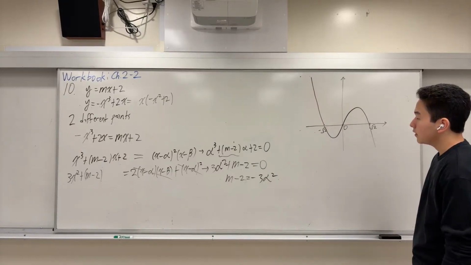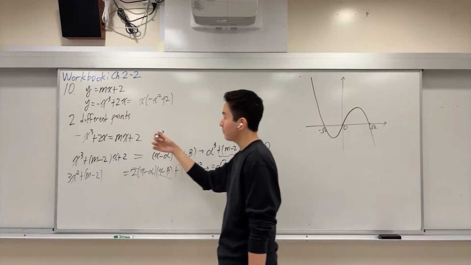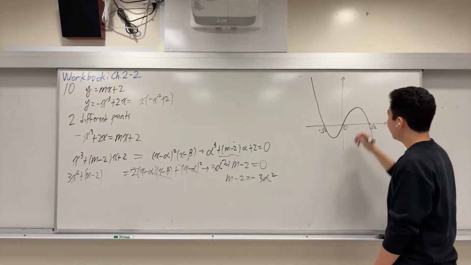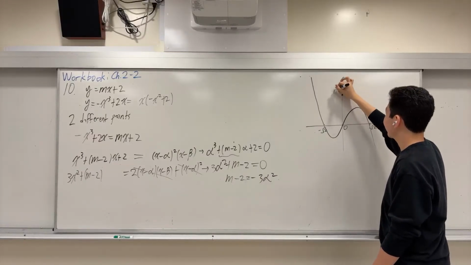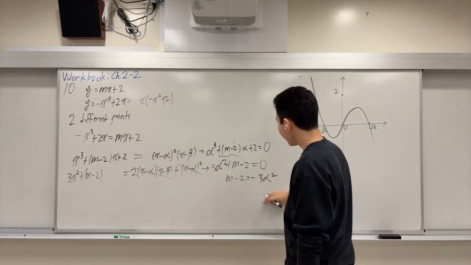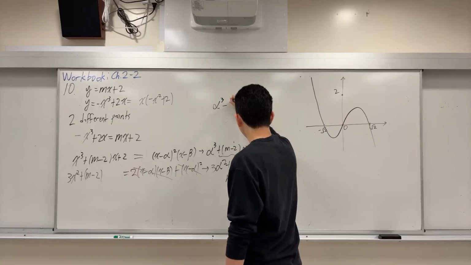And our line is a line with slope m, so that's an arbitrary number. But we also know that the y-intercept will always be 2. So 2 is like on the positive side here, so sort of like that. So from our algebraic solution, we know that, I'll just write it over here quickly again.